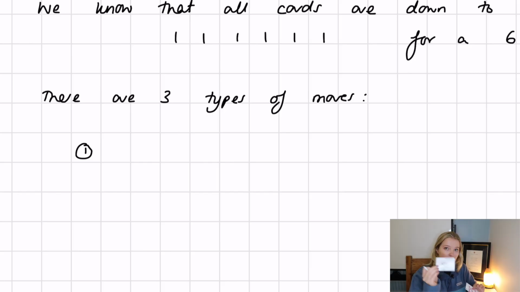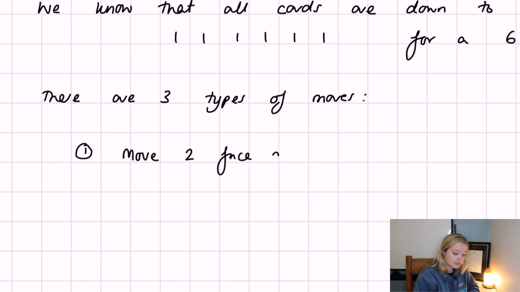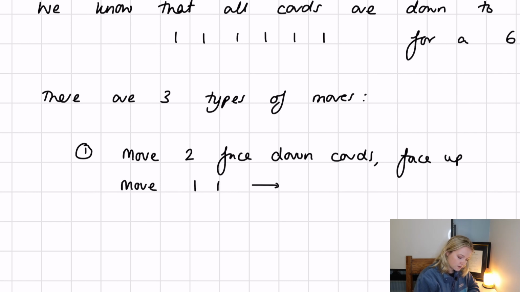So the first move would be move 2 face down cards face up. So that would be move 1, 1 to 0, 0.